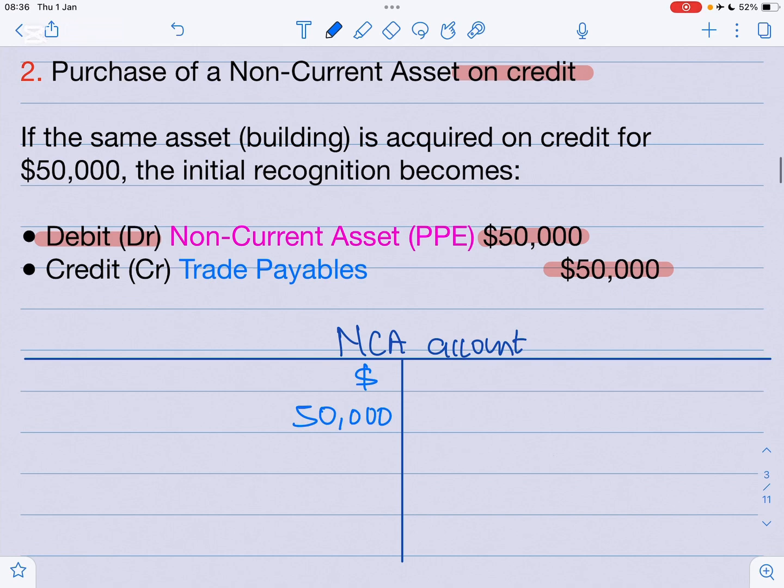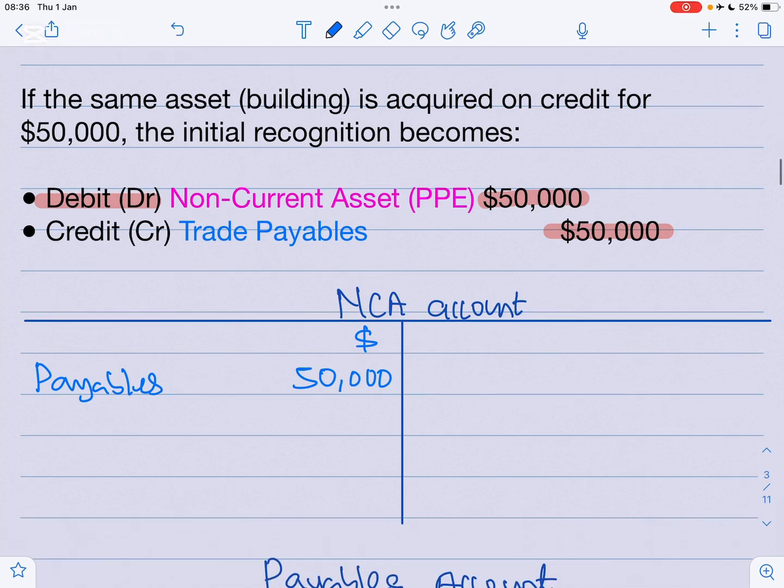What means did we use to buy this asset? And the answer is going to be, well, we are owing. We have a liability. That liability is what we refer to as payables. So payables is saying we are owing the supplier. So the supplier is yet to be paid for this asset.